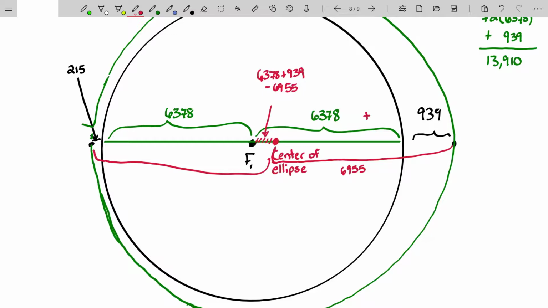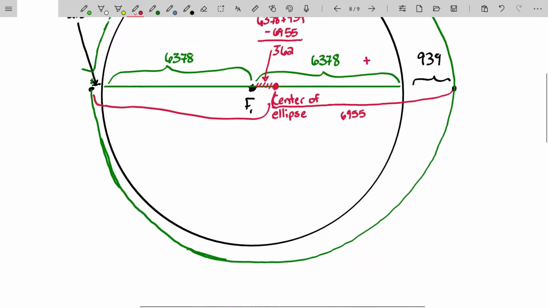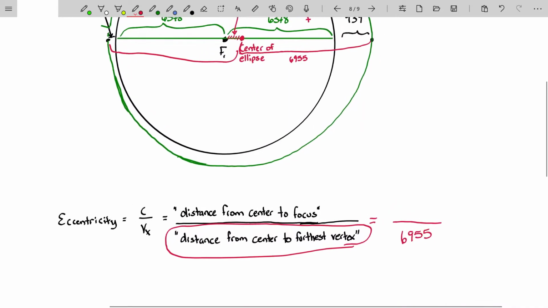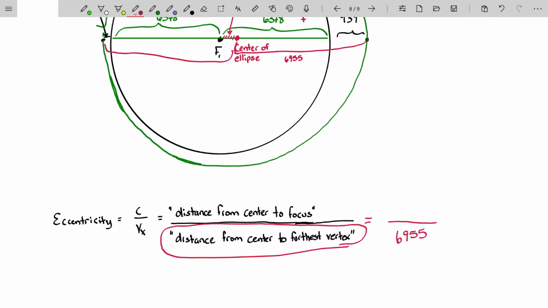A lot of little mechanics here. I'll grab my calculator: 6,378 plus 939 and then minus 6,955, and I get 362. So that's equal to 362 kilometers, and that will be our distance between the center and focus. So I'll write that in here, 362.